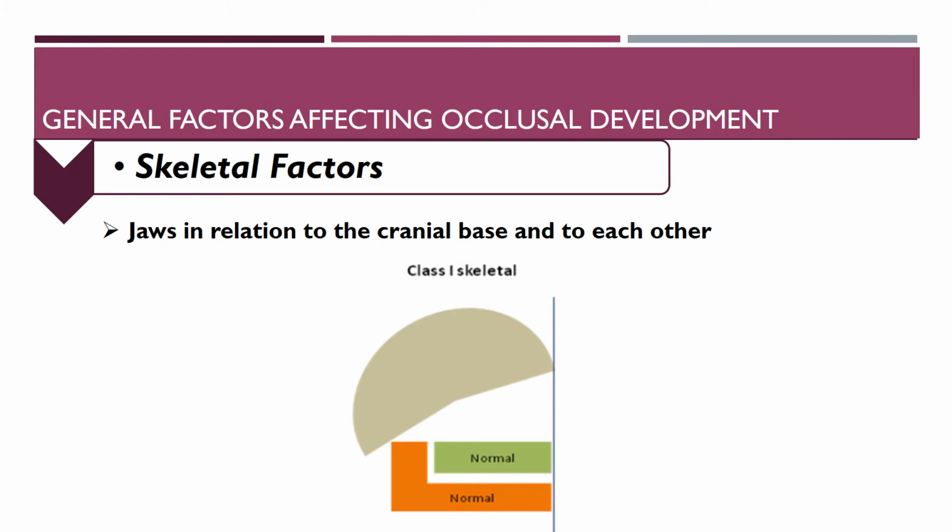Also, jaws in relation to each other can vary in these three planes of space, which are sagittal, lateral, and vertical planes. And variation in any plane can affect the occlusion of the teeth.